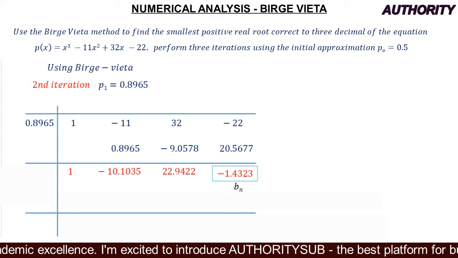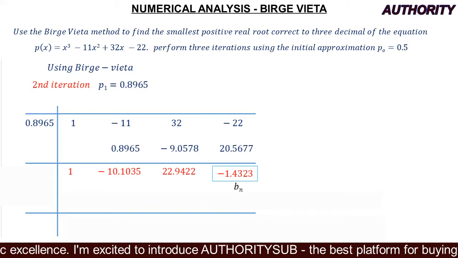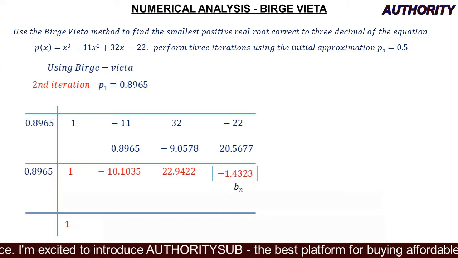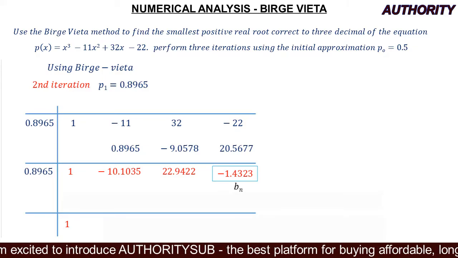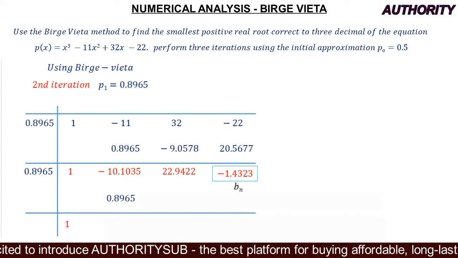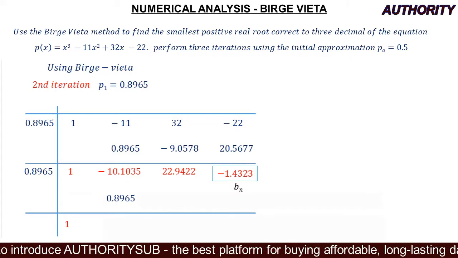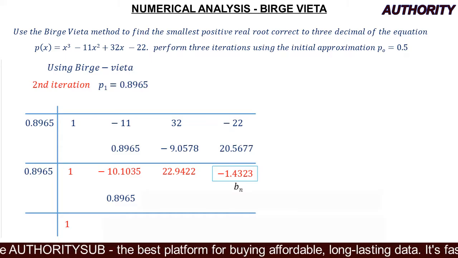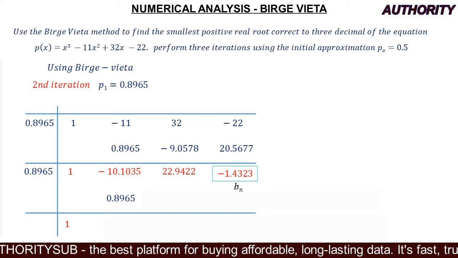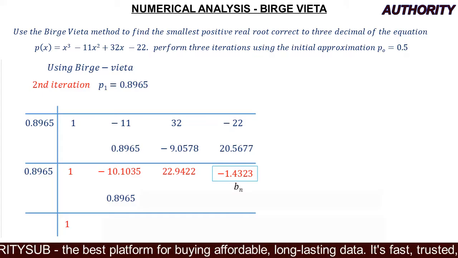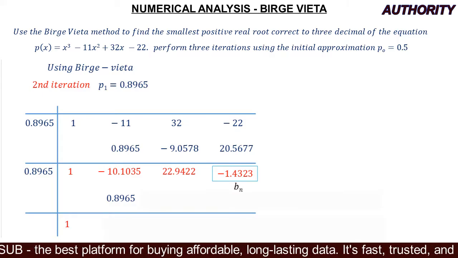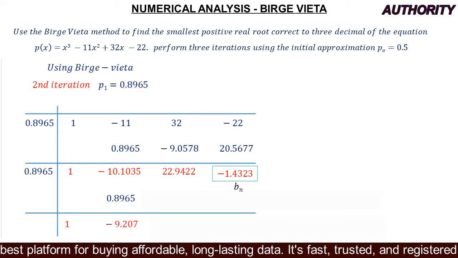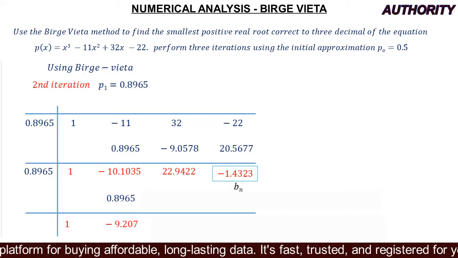Let's perform it again. We bring down 1 and our P1 here. The 1 we brought down multiplied by P1 gives you 0.8965. Now we add the two numbers together: minus 10.1035 plus 0.8965 gives you minus 9.207.